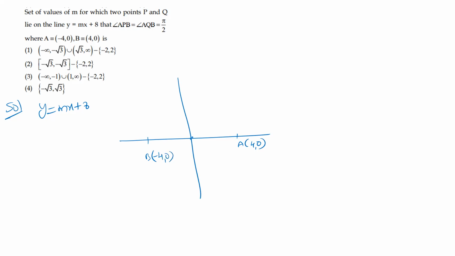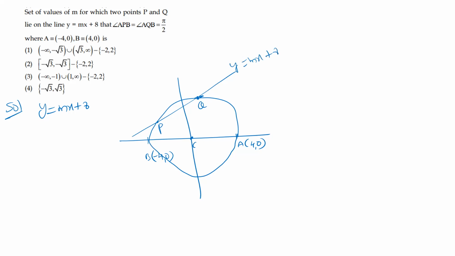For these, the equidistant center will be 0, 0. Now this is a circle you will get. Assume somewhere this line is intersecting the circle. Take some point as Q and this one as P. This is the line y is equal to mx plus 8.